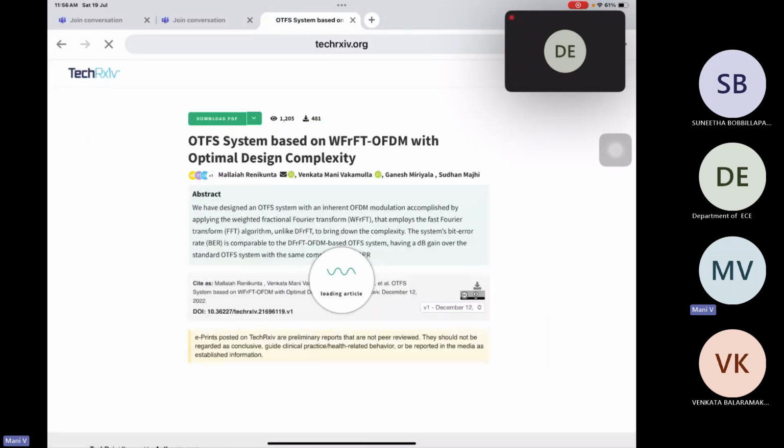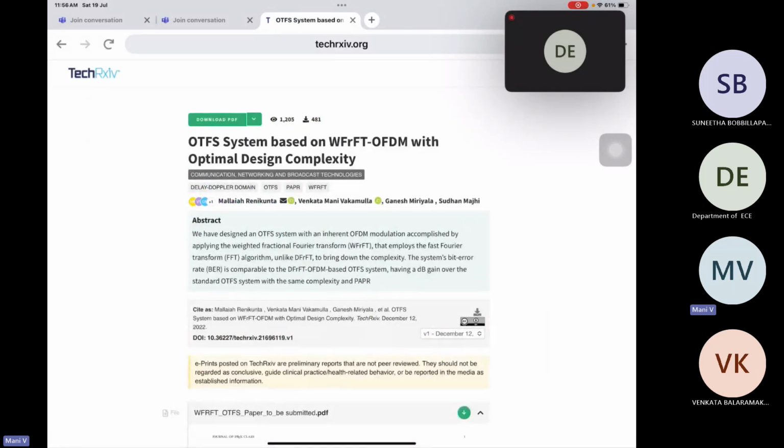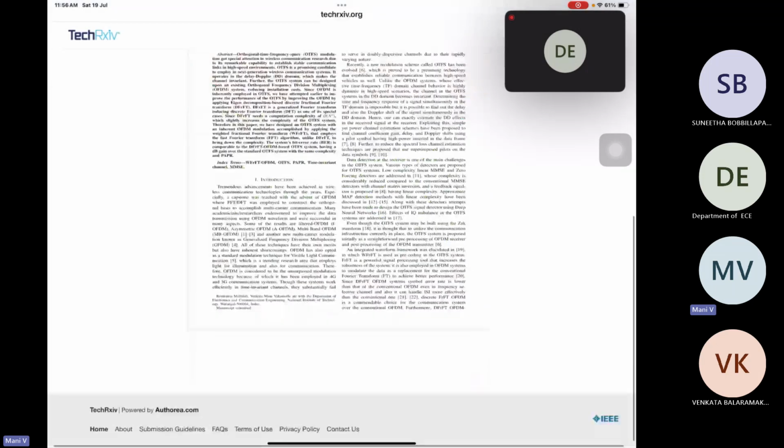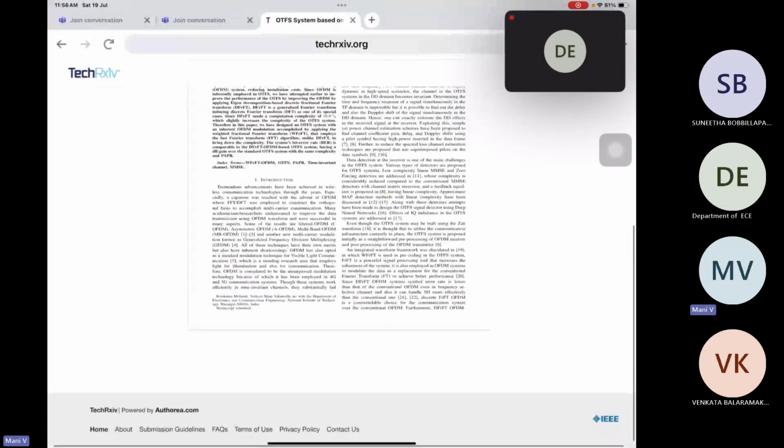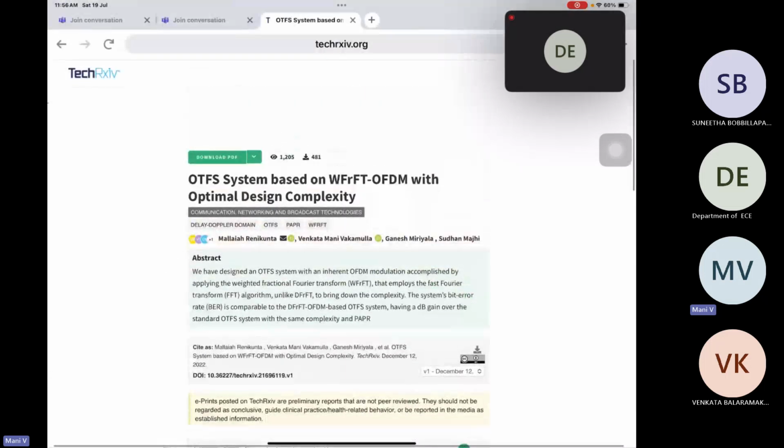OTFS system based on WFRFT with optimal design complexity. IEEE is not connected to you, so you could not see it, otherwise it is a Q1 journal. It has a lot of mathematics in it. It's not opening.